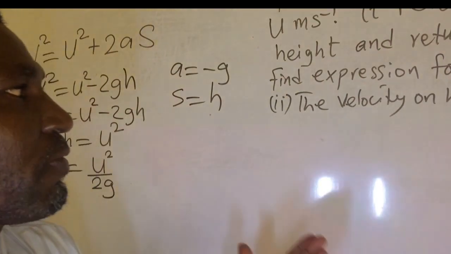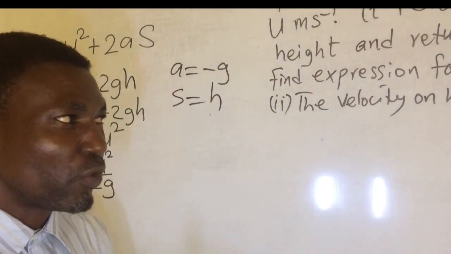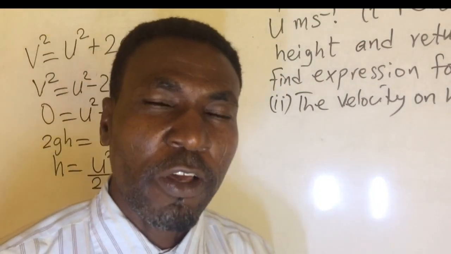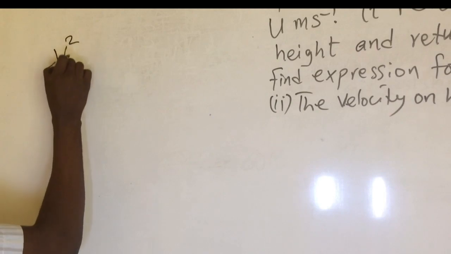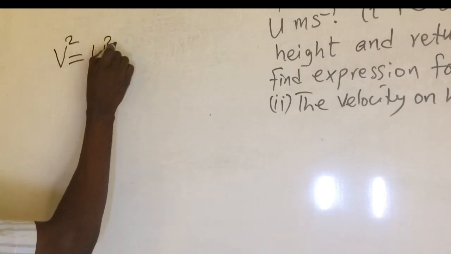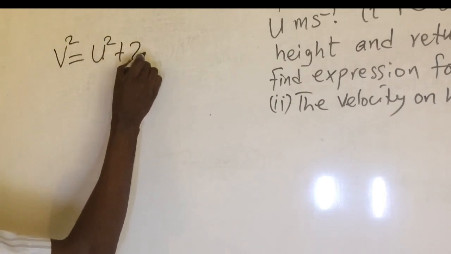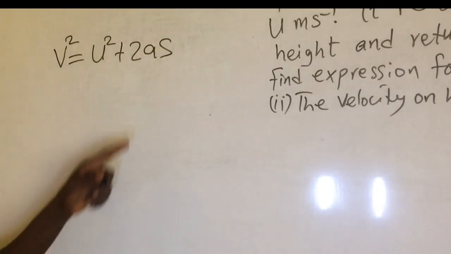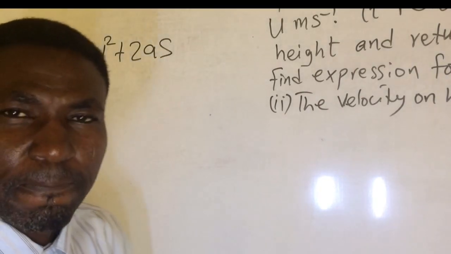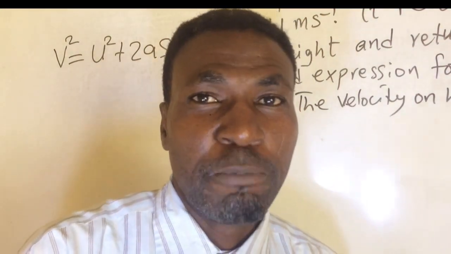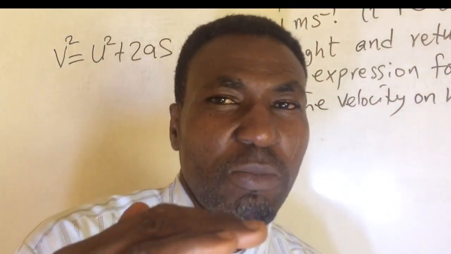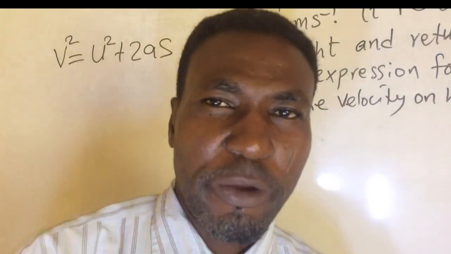And they still ask us to find the expression for the velocity on hitting the ground. For this, we will use the same formula, v squared equals u squared plus 2as. In this case, when the stone reaches the maximum height, it will temporarily stop before coming down.